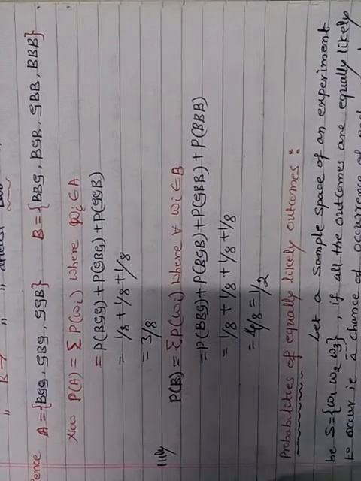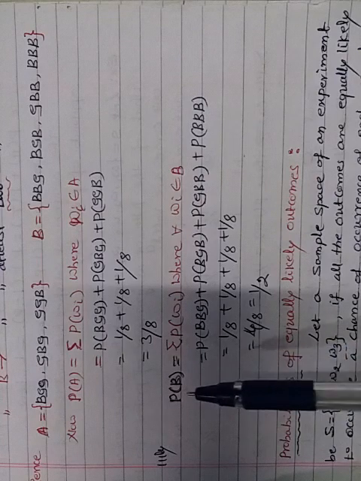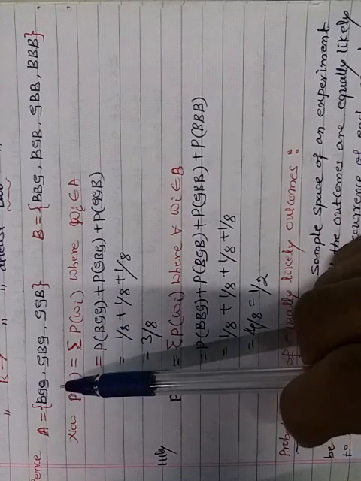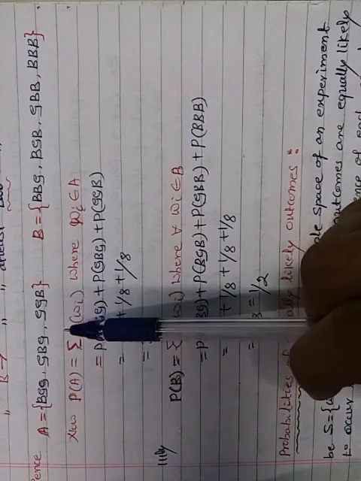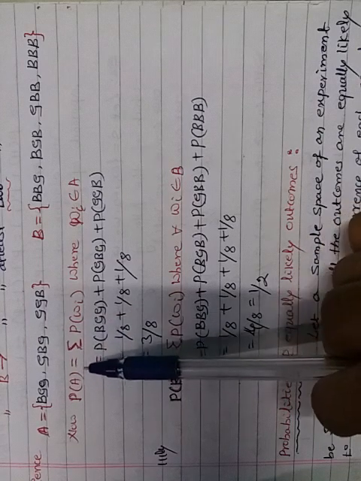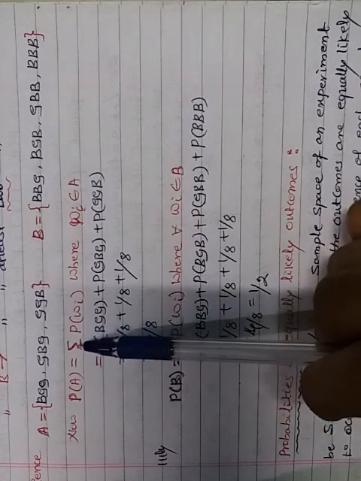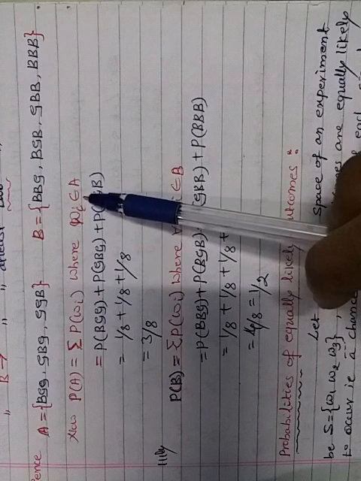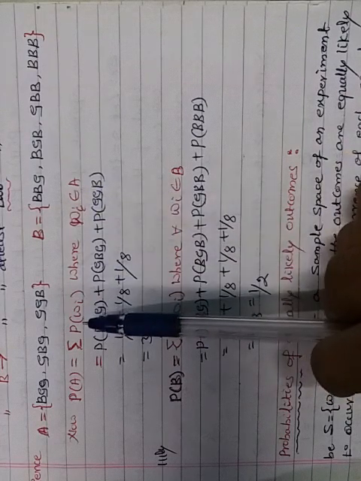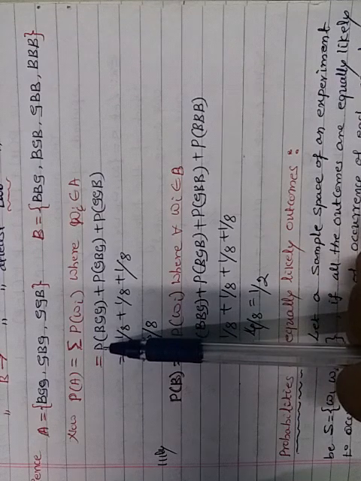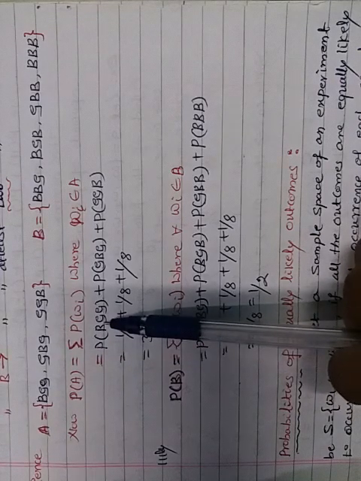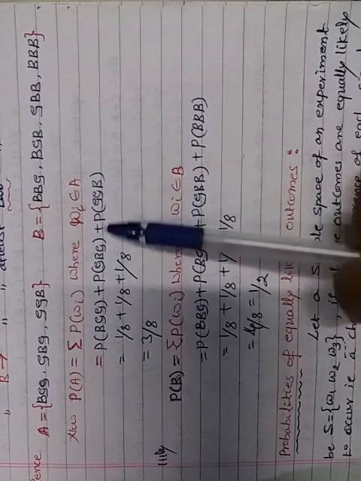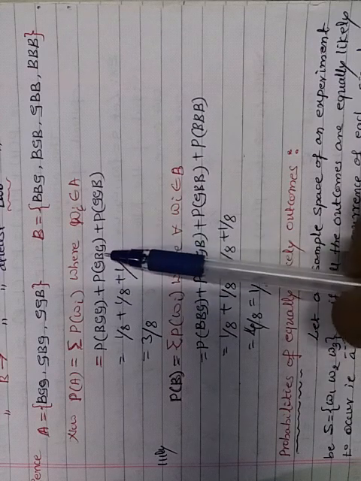Once again, you recall. Now we have to find the probability of A. The set A consists of three outcomes. Therefore, the probability of A is defined as the summation of P of omega i, where omega i belongs to the set A. That equals the probability of the first outcome plus the second outcome plus the third outcome.